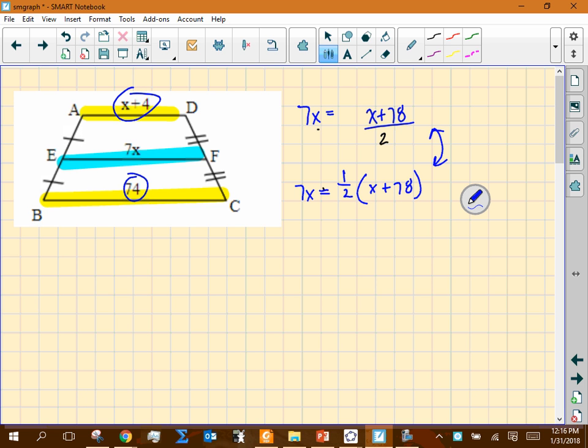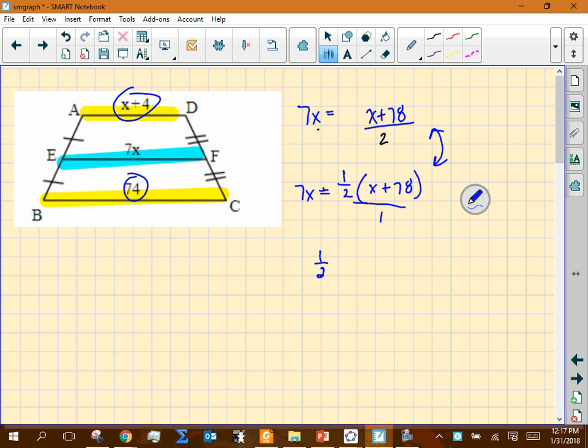For this reason: x plus 78 is just a number when I know what x is. Let's say x is 0. This would just be 78, right? Can I write 78 as 78 over 1? So why can't I write x plus 78 as x plus 78 over 1?